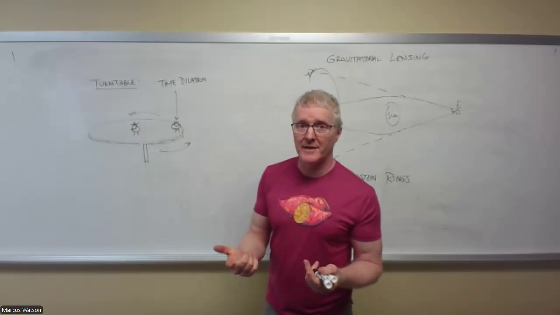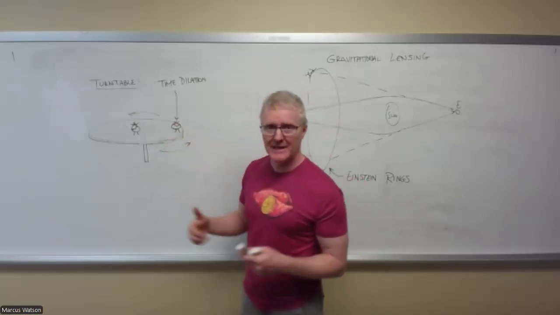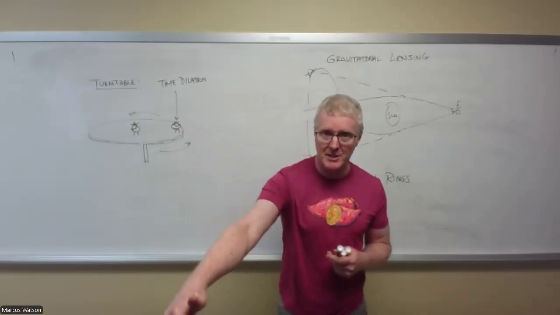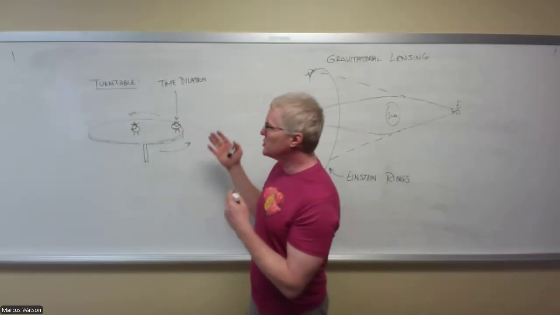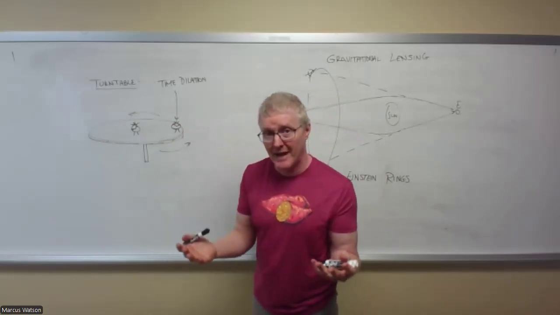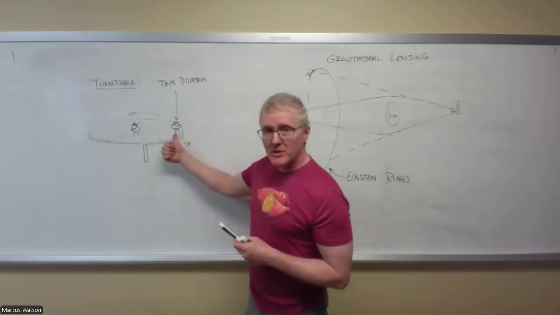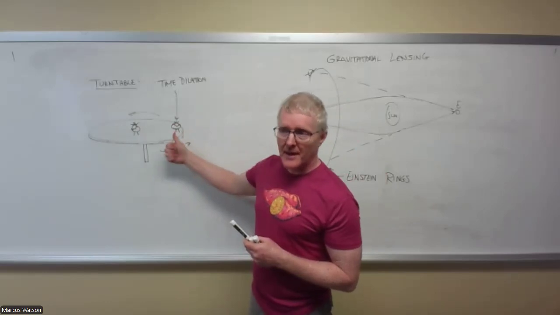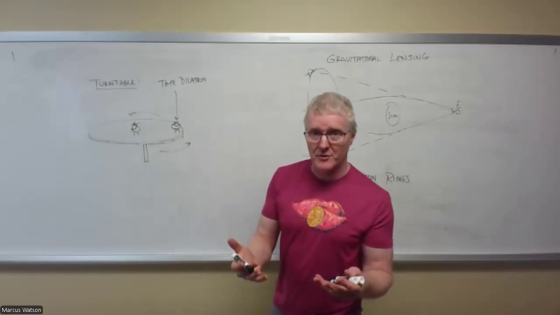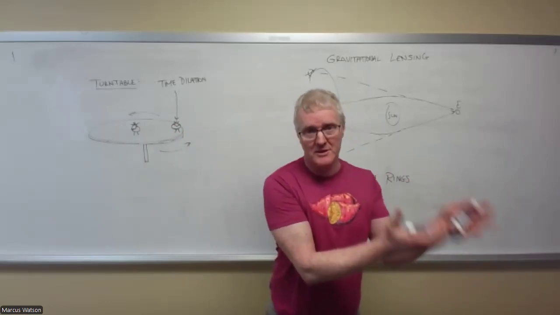But what we do find is that there's an acceleration on this clock. This clock is feeling a centripetal acceleration to keep it going around on the turntable. And so GR would say, if you are in an accelerated reference frame, the time that you're seeing is going to be slower. And therefore, accelerated reference frame, slower time, therefore gravitational field, slower time.